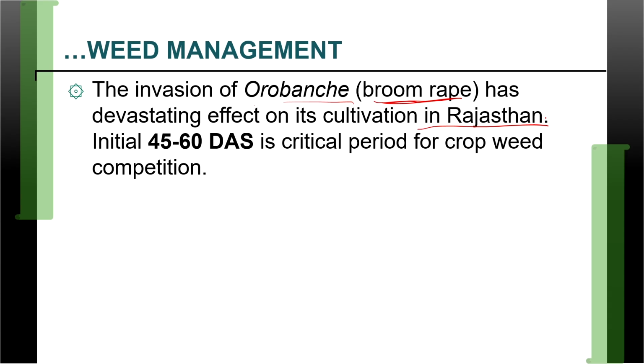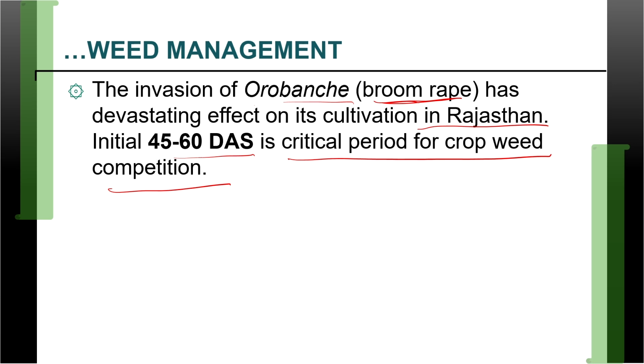The initial 45 to 60 days after sowing is the critical period for crop weed competition. So initially your crop should be free from the weeds, and this Orobanche can be a very destructive weed sometimes, which is a total root parasite. You must be understanding the meaning of total root parasite.